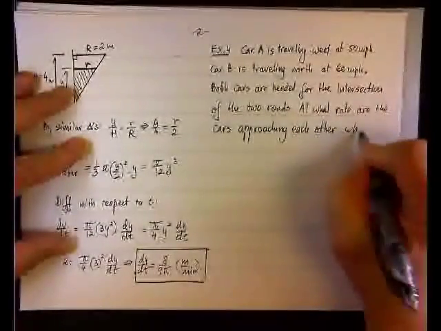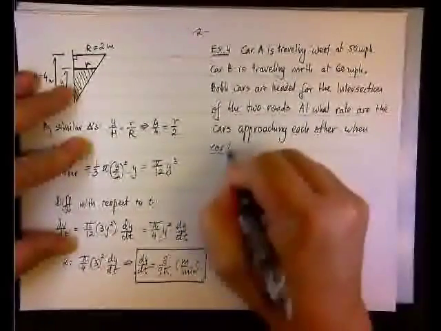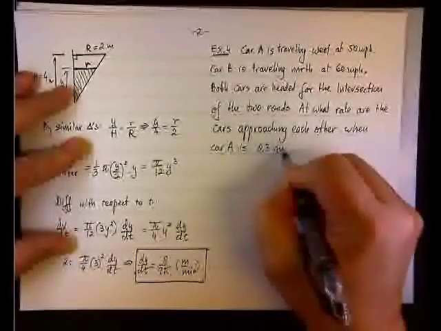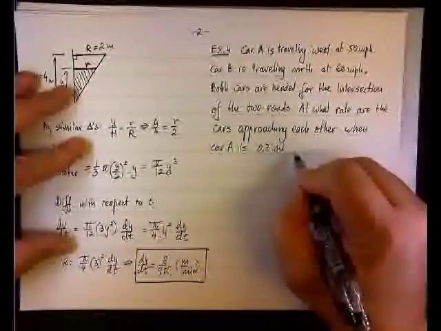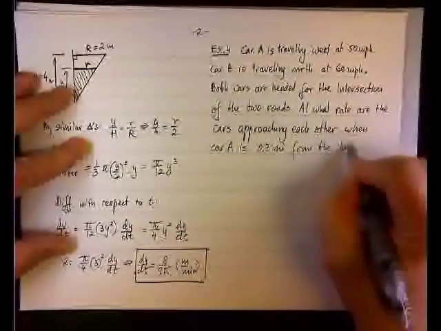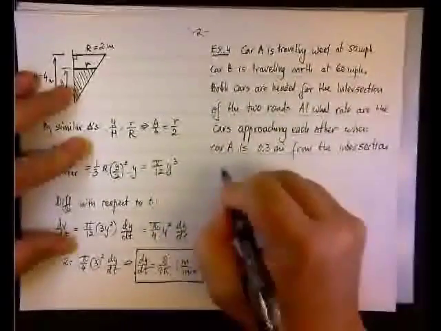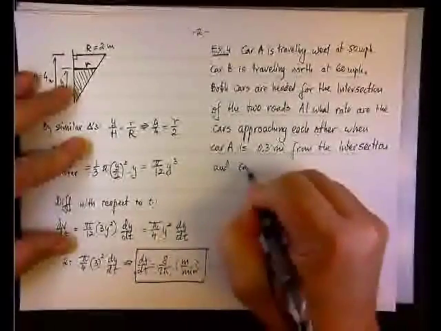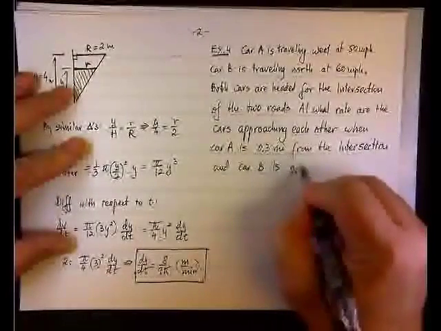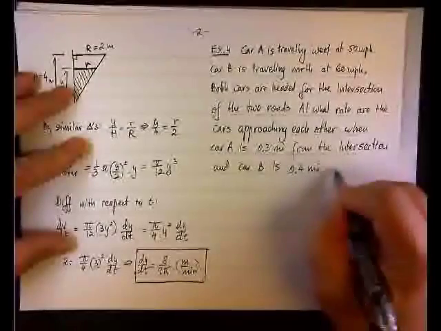So when car A is 0.3 miles and car B is 0.4 miles.